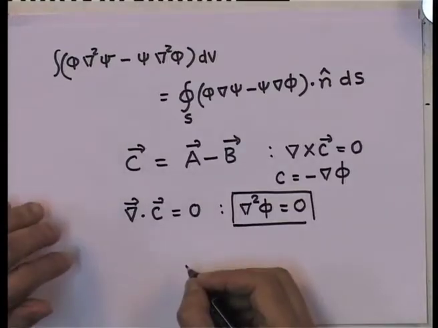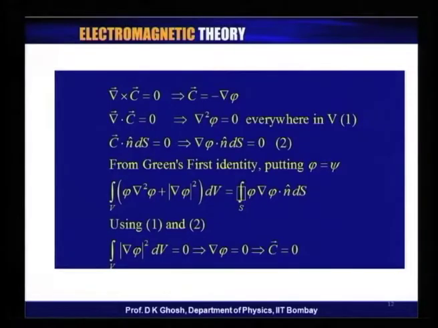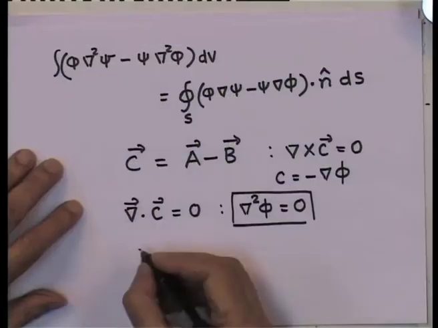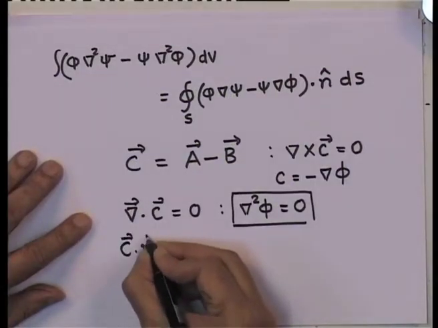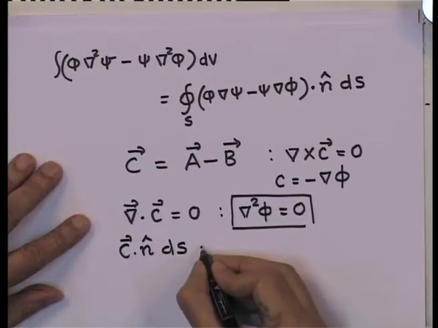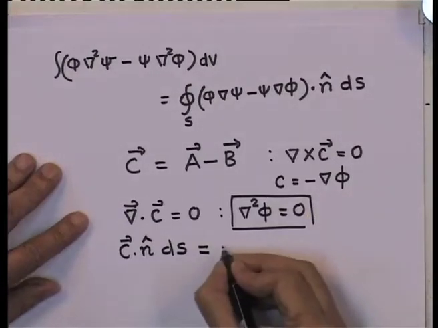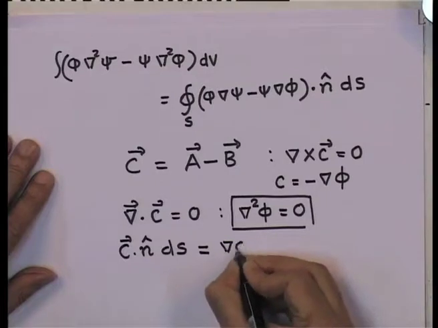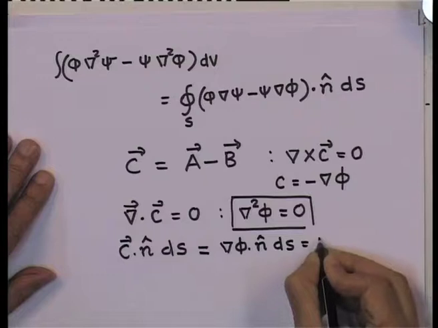The third thing that we have been given is that A dot n is the same as B dot n at every point on the surface. So, that tells me that the integral of C dot n ds, which, because C is the gradient of phi, is del phi dot n ds, must be equal to 0, because C is A minus B.